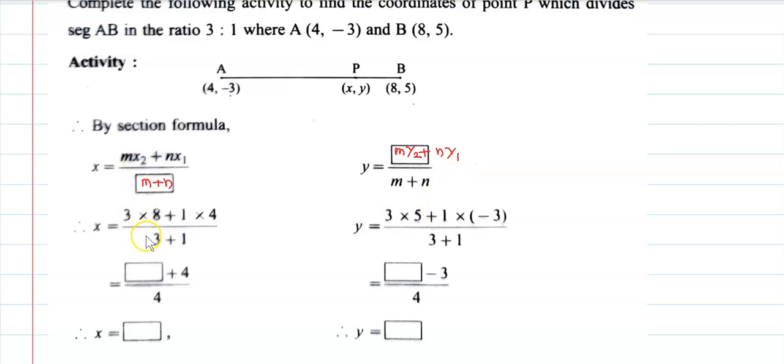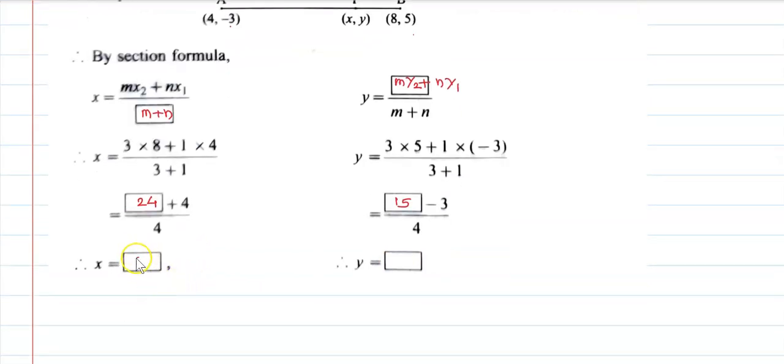Substitute the values. Here you will get 3 into 8, 24, plus 4, 28 upon 4, then you will get x is equal to 7.